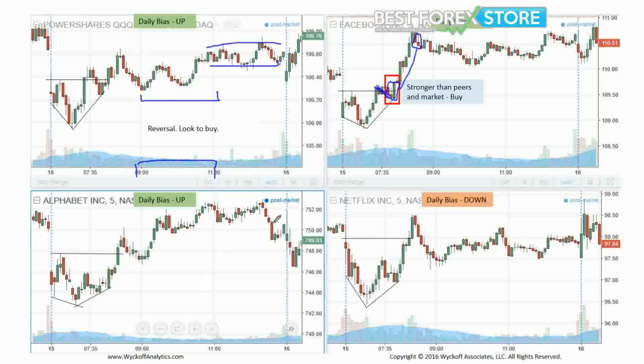So no trades here, no trades here, and see how I'm eliminating some of the unnecessary trades that I would be inclined to do if I didn't have a daily bias, if I didn't understand what the market is doing, the comparative analysis, and the structural analysis at this time frame.